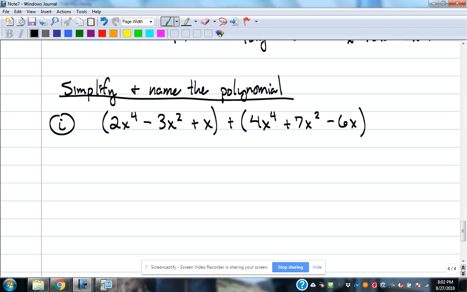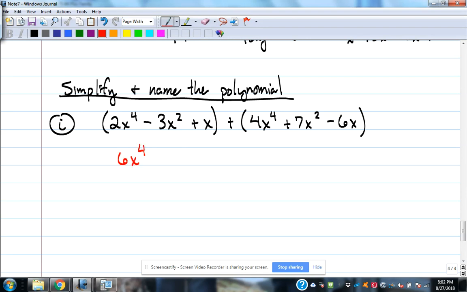All right. Like terms, that's the name of the game. We're just simplifying, means put the like terms together. So 2x to the 4th goes with what? 4x to the 4th with addition. So 2x to the 4th plus 4x to the 4th would be, we're not multiplying, we're adding. So 2 plus 4 would be 6.